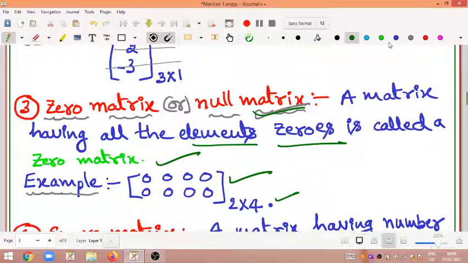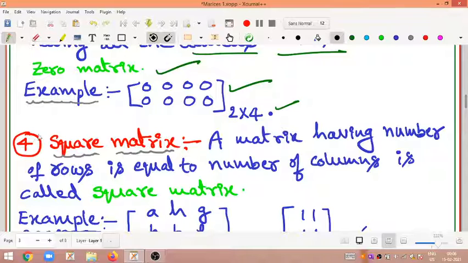And next one is a very important and most important one, square matrix. A matrix having the number of rows equal to the number of columns is called a square matrix. Here both m rows and n columns are equal.